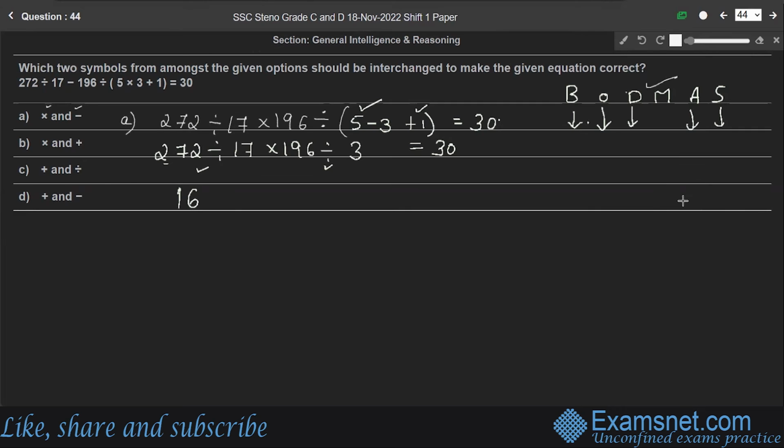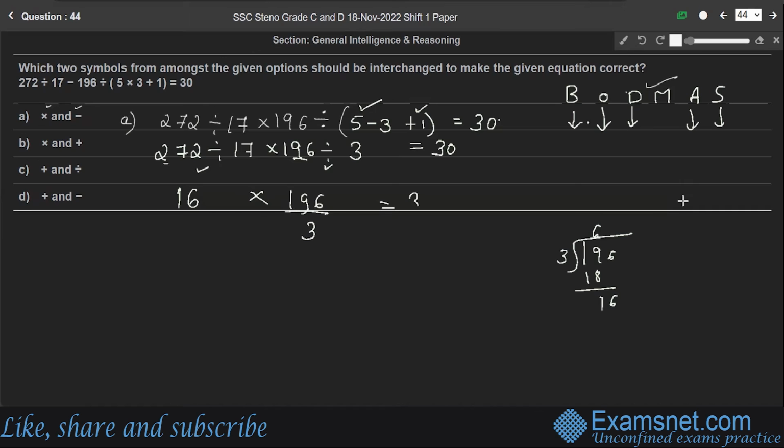Therefore, the answer is 16 into 196 by 3. Sorry, 196. Am I right? 196 by 3, no, it is not completely divisible by 3. We'll leave it as it is.